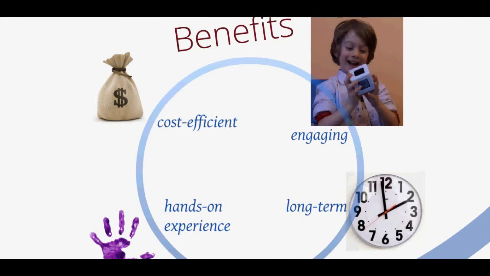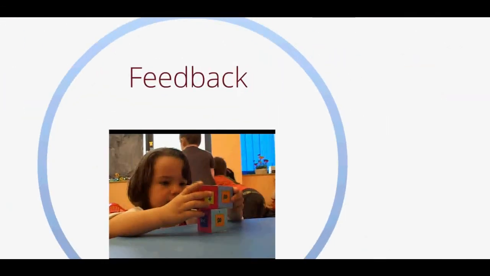Second, it gives hands-on experience to the students. Third, it's a long-term solution because we can use any kind of hardware. The software doesn't get outdated. And last but not least, it's a very engaging solution. And when I say engaging, I mean that we went to kindergartens to test our solution, to get feedback from the children.